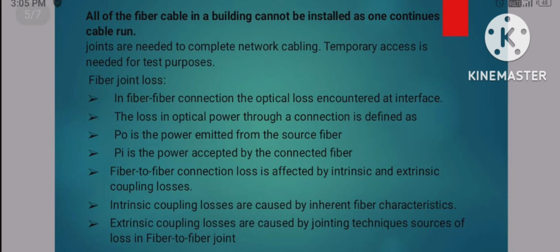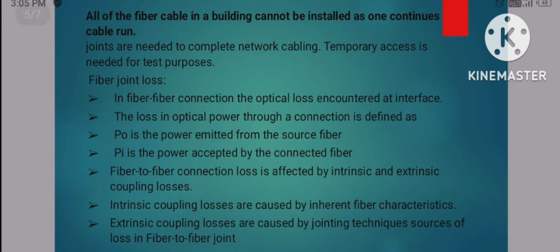The loss in optical fiber through the connection is defined using P_O, the output power, and P_I, the input power, connected to the source fiber and the output fiber. These are affected by intrinsic and extrinsic coupling losses.